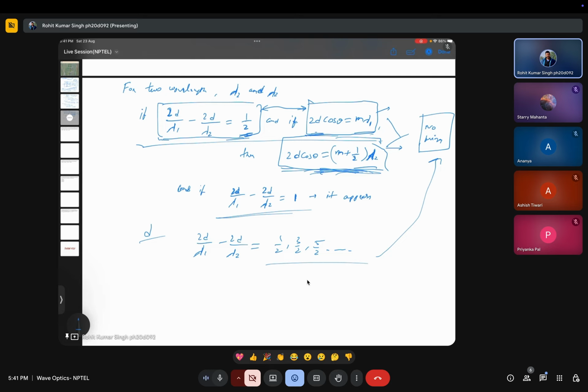Then you are sure that all these conditions have been satisfied, and then you again start increasing the distance, and they will reappear, then again disappear, reappear. That will keep happening. So that is the concept. Now we will see how problems on this concept come.